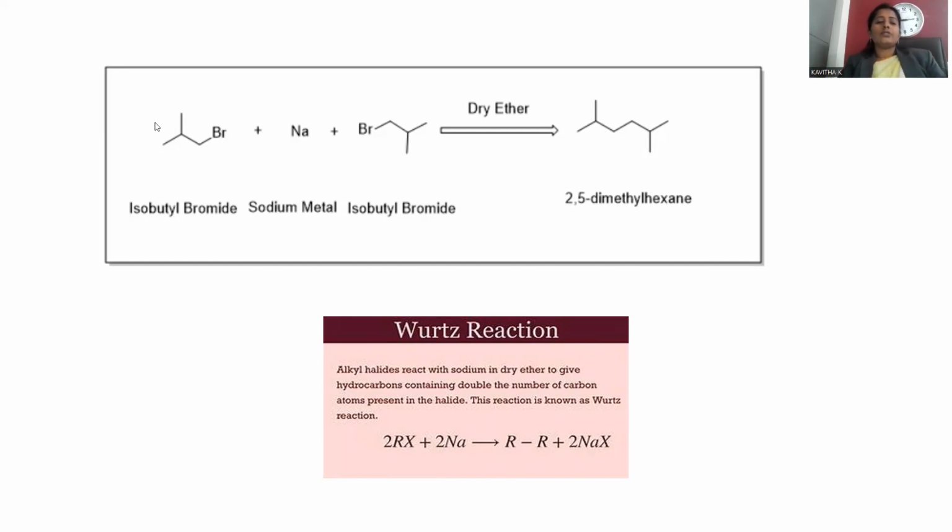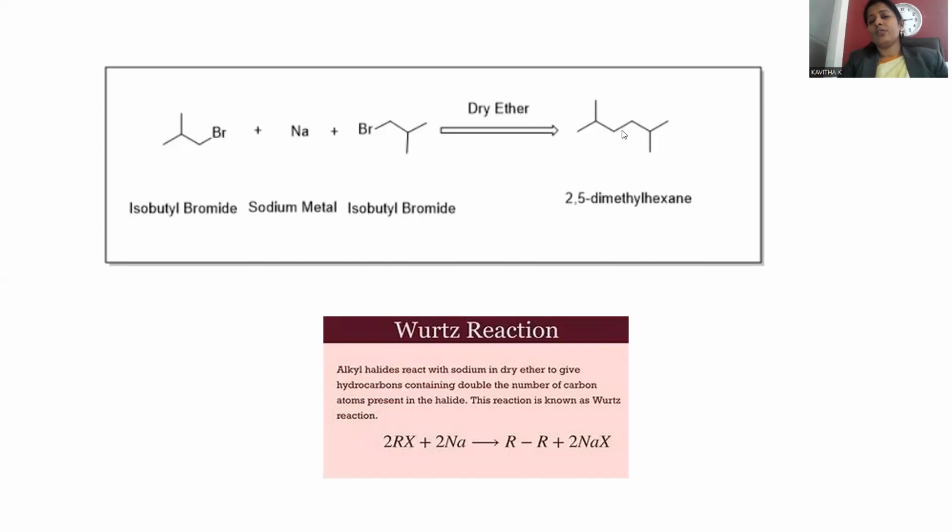The isobutyl bromide, if taken, because the product is known to you, you can go with the retrosynthesis. First of all, we have to write this product. What is the product? 2,5 dimethylhexane. If you want to get this product, here is the combining factor, here is the new bond formation.